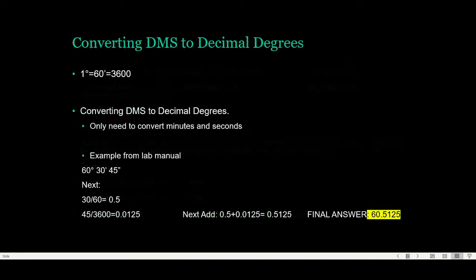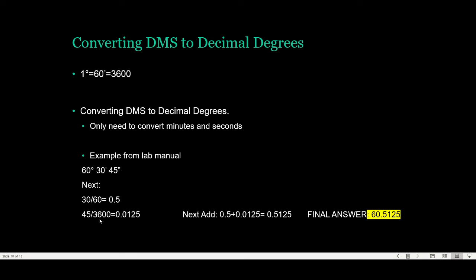So moving forward, we are going to be converting DMS to decimal degrees. So to convert, you only need to convert minutes and seconds. So the example from the lab manual is we have 60 degrees, 30 minutes, and 45 seconds. So for minutes, we are going to divide by 60. So 30 divided by 60 equals 0.5. And for the seconds, we are going to divide by 3,600.